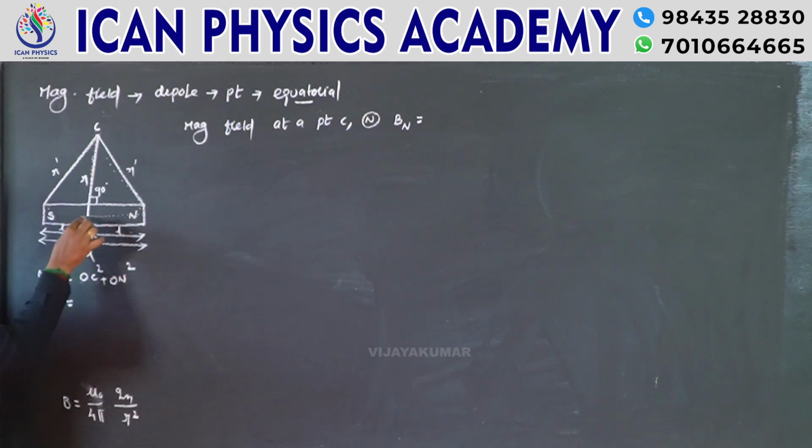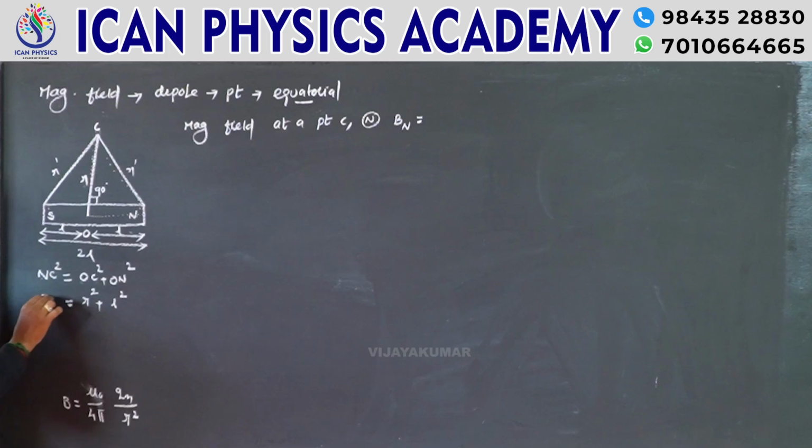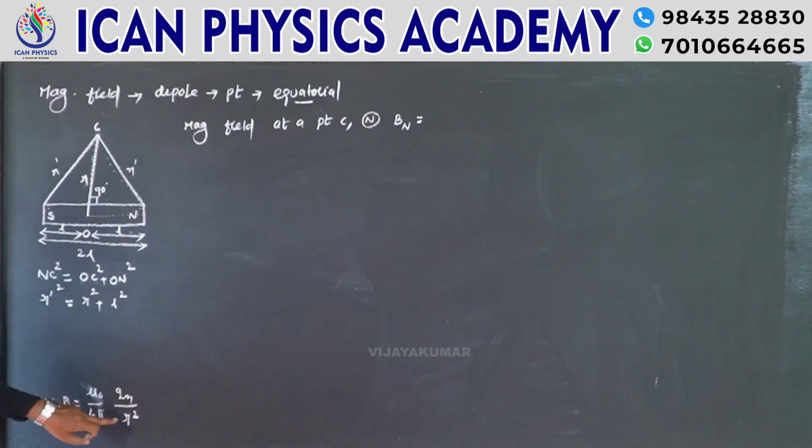O இருந்து C என்பது R, so R square plus O இருந்து N எவ்வளவு? L, so L square. N இருந்து C அதுதான் R dash square.